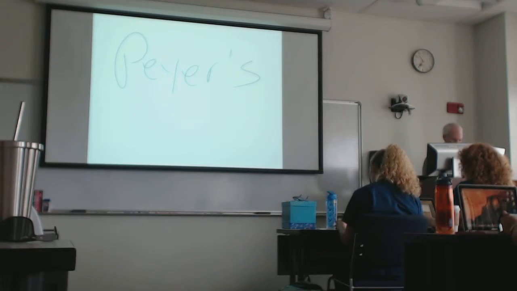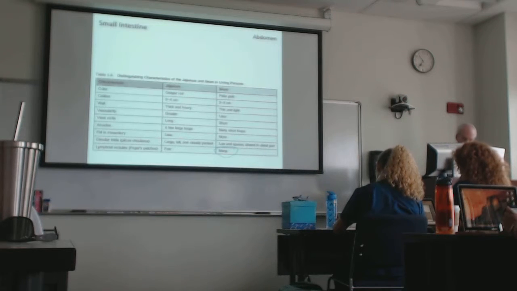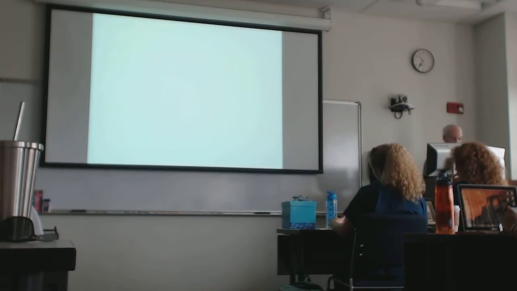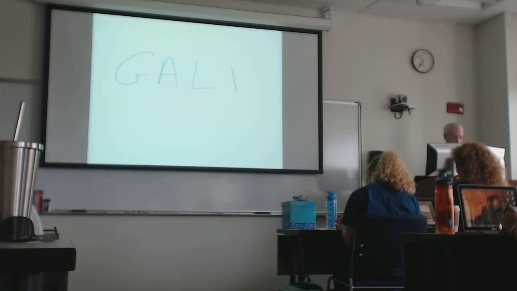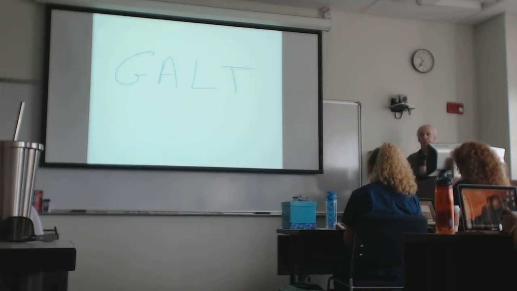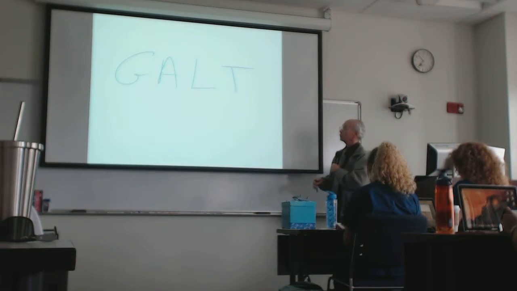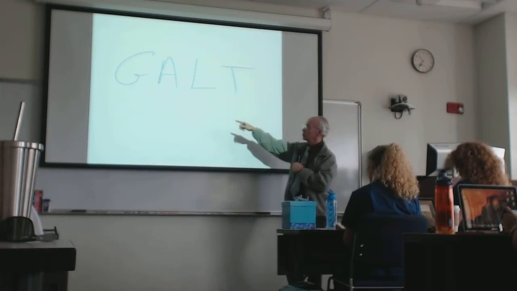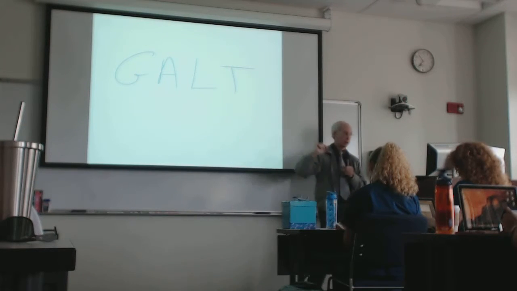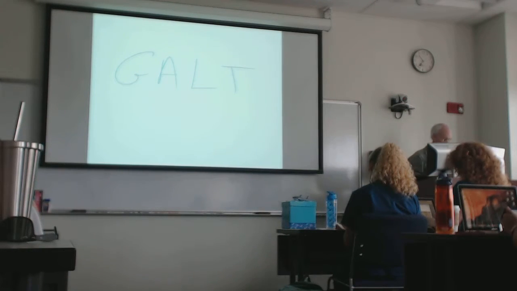But all of that lymphatic tissue belongs, and we'll have a graphic on this later, to something called GALT. And you have all kinds of these in your body. ALT stands for associated lymphatic tissue, so this is gut-associated lymphatic tissue. You have GALT, MALT, and a bunch of them.